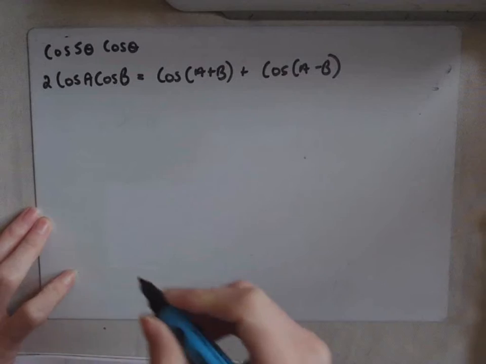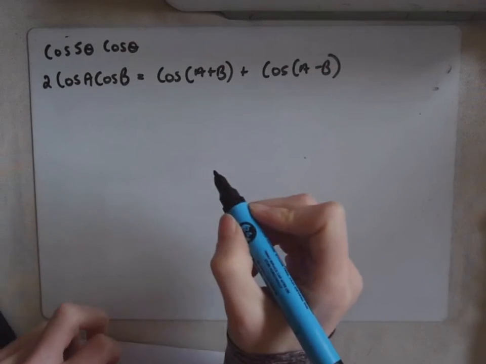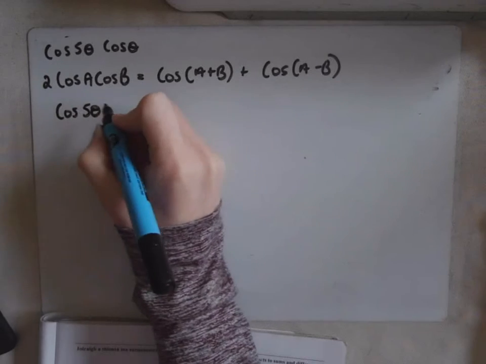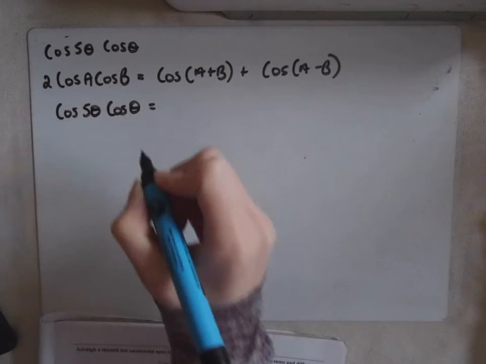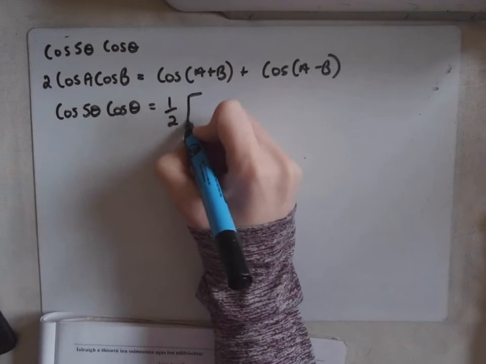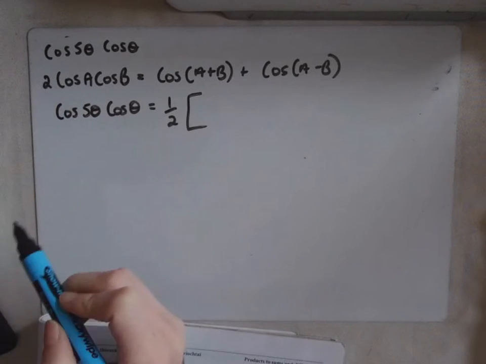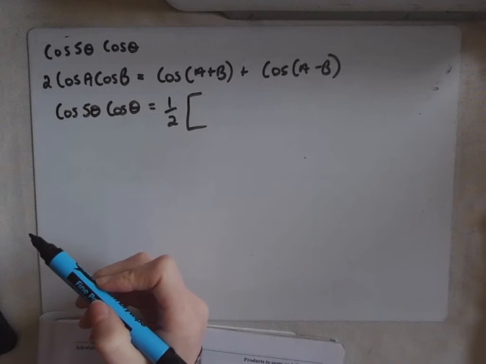That's my formula. Now, I have cos 5 theta cos theta. So that means this whole thing is being multiplied by a half. Okay, top of this side to the bottom of the other. So that's just how you write it, as a half.